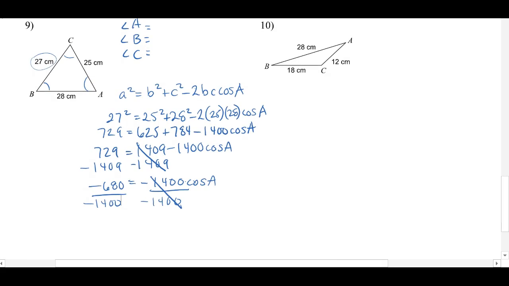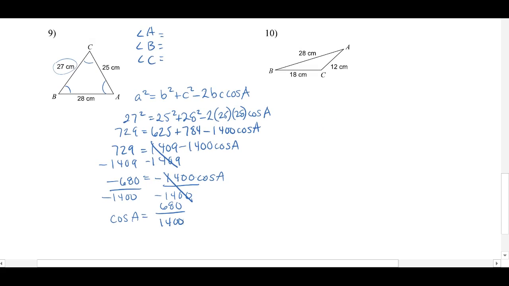Okay, so now I'll have cosine of A is equal to, well, remember it's got two negatives here, so those will cancel out. So it'll be equal to 680 over 1400. And now the last step is that, remember, when you're looking for an angle, and if it's like sine of A or cosine of A in this case, you're going to do the inverse of that function.